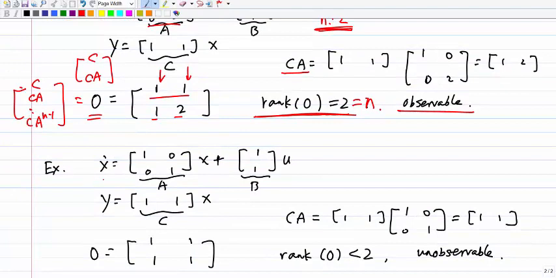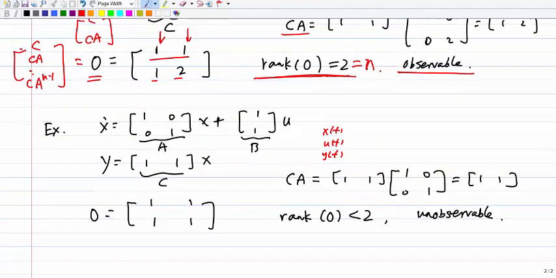The next example says x dot is [1 0; 0 1] times x plus [1; 1] times u, and y is [1 1] times x. Again, here x is x(t), u is u(t), and y is y(t). We can still use the same approach.